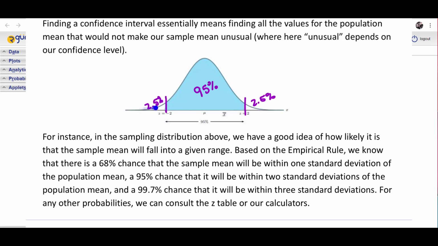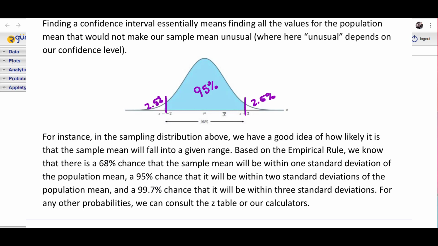The probability that it's less than 2 standard deviations is 2.5%. If you had a number that falls above 2 standard deviations, that has a low probability of occurring. That would be considered unusual. Anything up here is unusual. Anything down here is unusual, because those numbers are less than 5%.